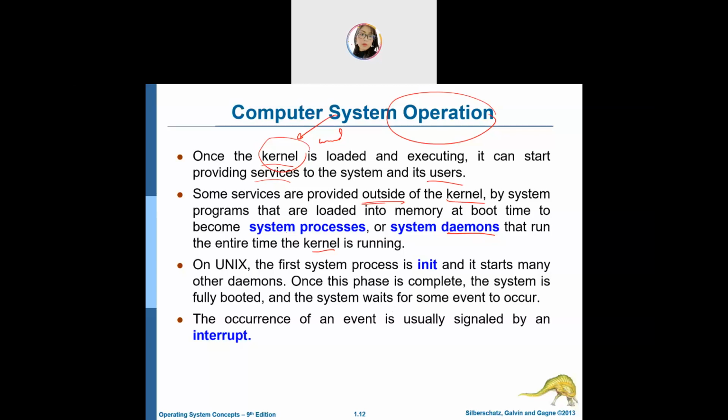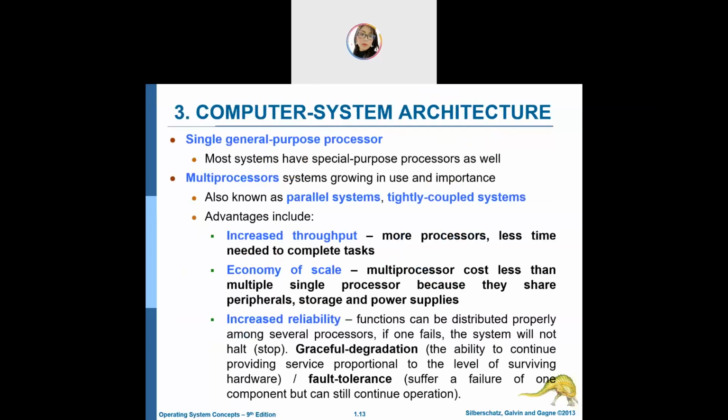They become system processes or system daemons that run the entire time the kernel is running. What else? Okay, on Unix, the first system process is init. You already know about this, so no need for us to go deeper.